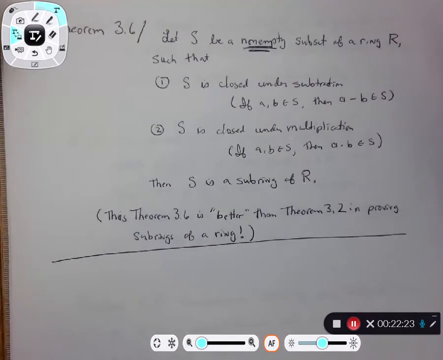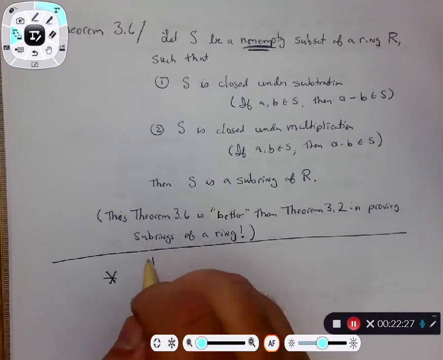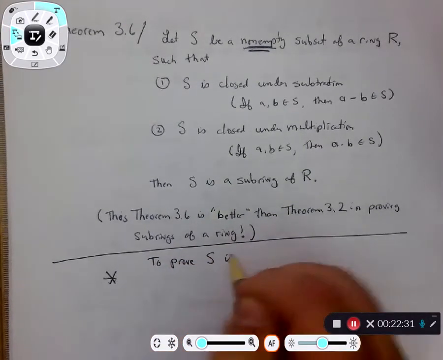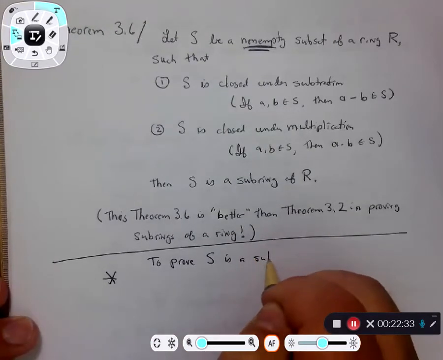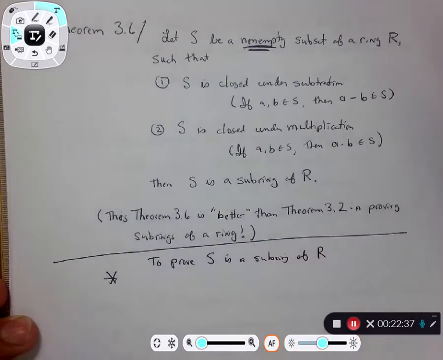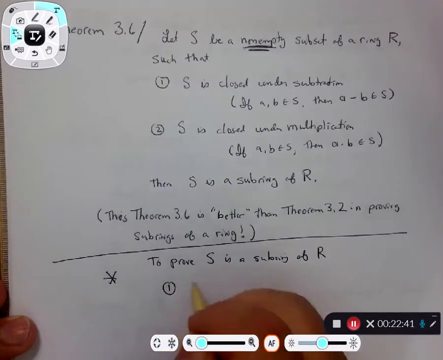Here's the big deal, the big star right here. To prove S is a subring of R, 3 things you got to prove. Number 1, you got to prove the non-empty.